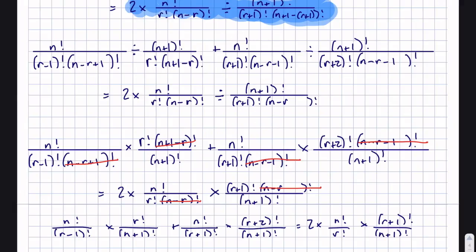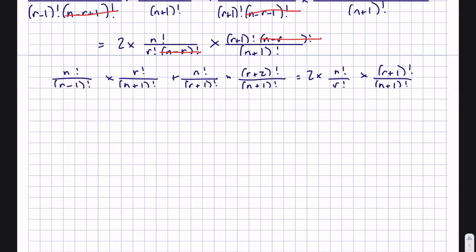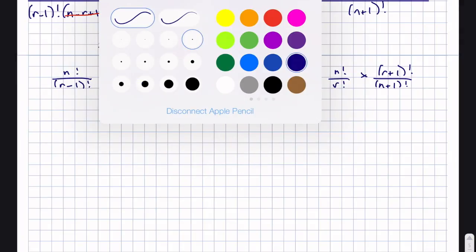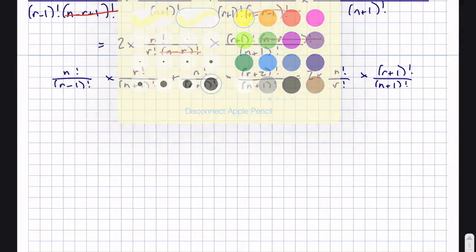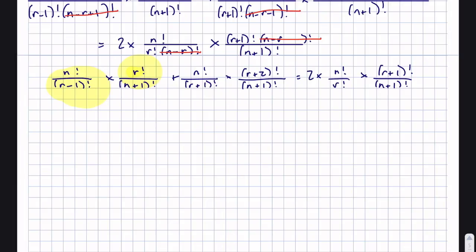Now, I'd like to remind you, (n plus 1) factorial is the same as (n plus 1) times n factorial. We're going to use that because then this r factorial and this (r minus 1) factorial would actually simplify. Actually, I'm going to rewrite it with our unrolling.